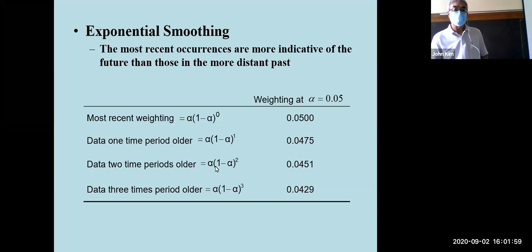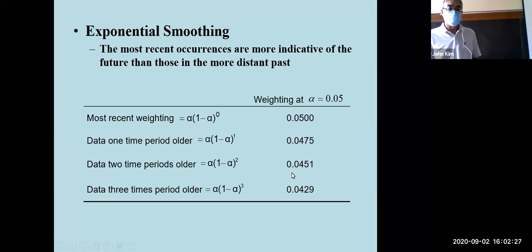Using this formula, we get the weights: the most recent weight is alpha times (1 minus alpha) to the power 0, then power 1, 2, 3, and so on. The weights decrease, like this.